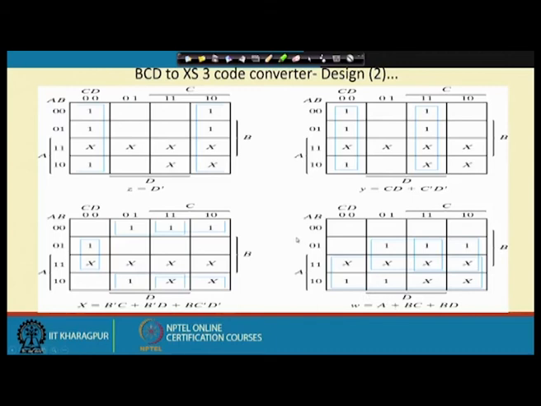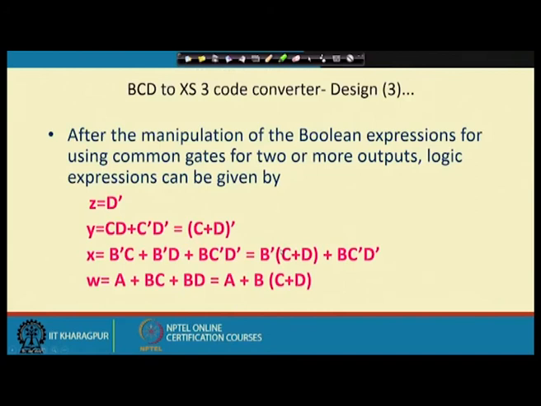So, I can design a logic circuit for these W, X, Y and Z and get this BCD to XS3 conversion. After manipulation of these Boolean expressions using common gates for two or more outputs, the logic expressions are given by this. Y is CD plus C bar D bar, which is one XNOR gate.